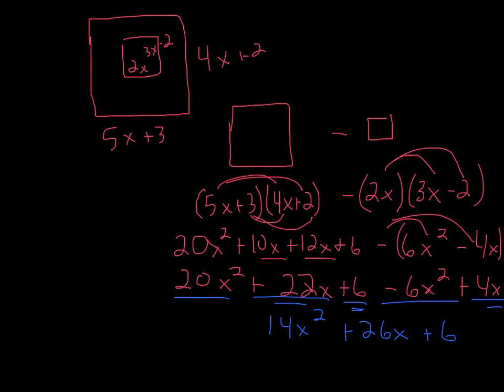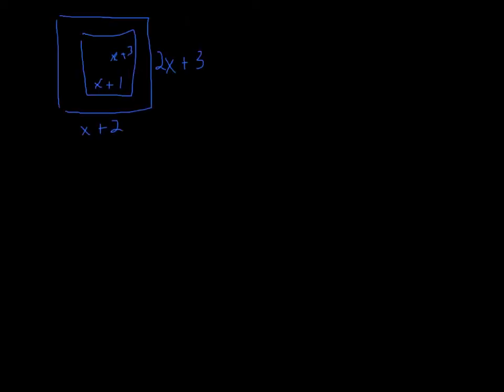Alright, let's see if we can think of another example here. For our last example, again we're going to find the area of the outer frame, which means this whole outside part here. First thing is we have to find the area of the big guy.